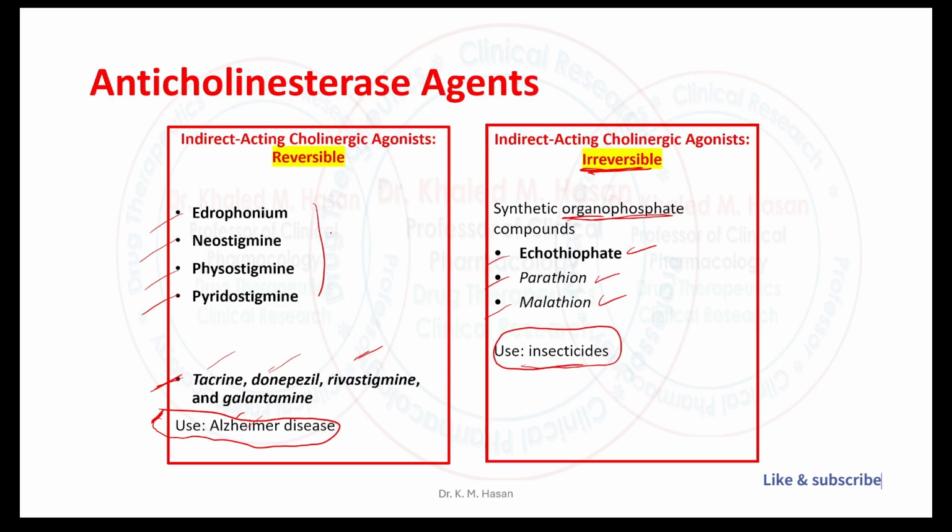The first group, indirect acting cholinesterase inhibitors, reversible, edrophonium, neostigmine, physostigmine, pyridostigmine, is mainly used for Myasthenia Gravis. The second group is used for Alzheimer disease: tacrine, donepezil, rivastigmine, galantamine. And the third group, irreversible, is used as insecticide, not for human use.